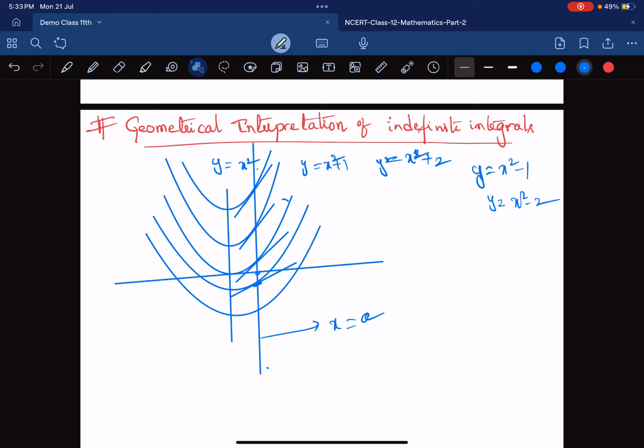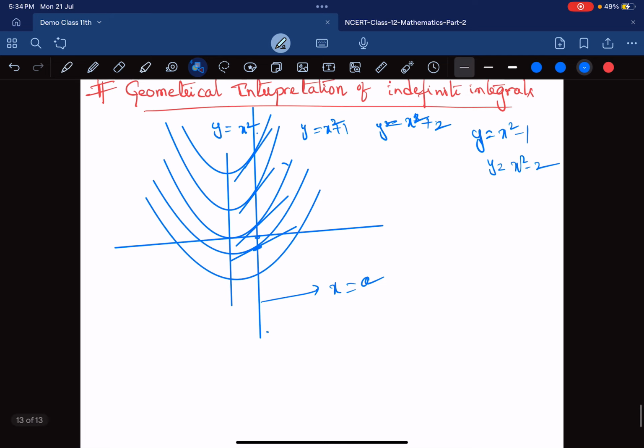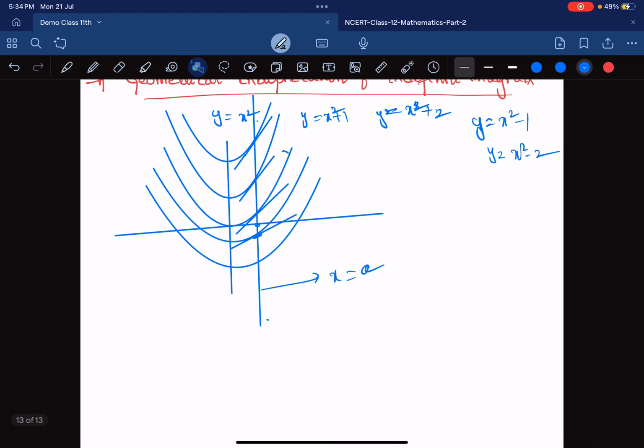Therefore, the different values of C will correspond to different representations of a family of curves. Integration of f of x dx is equal to F of x plus c, where c takes different values corresponding to different members of the family.